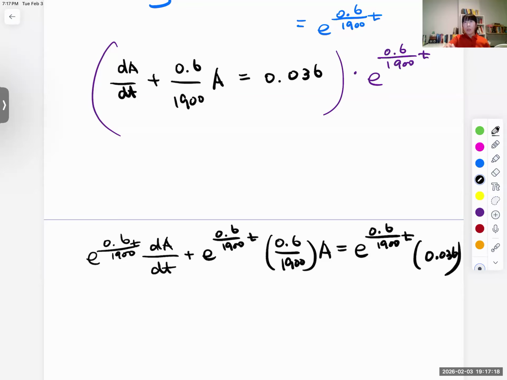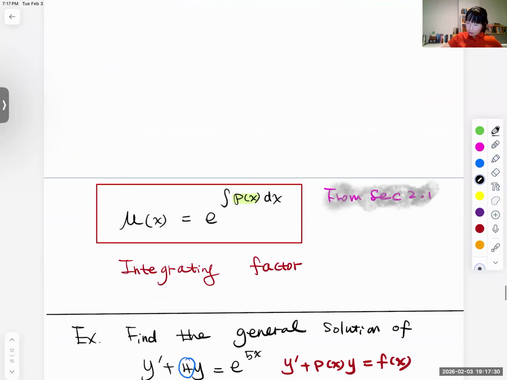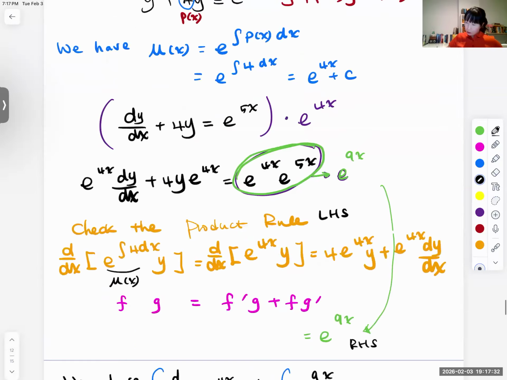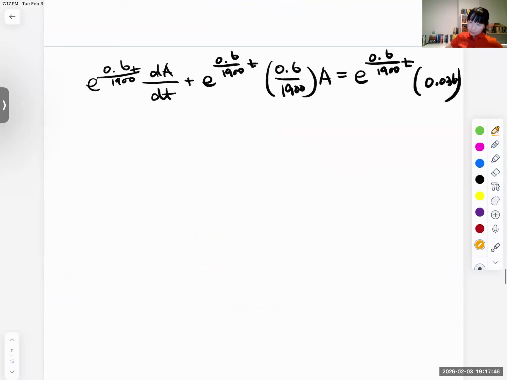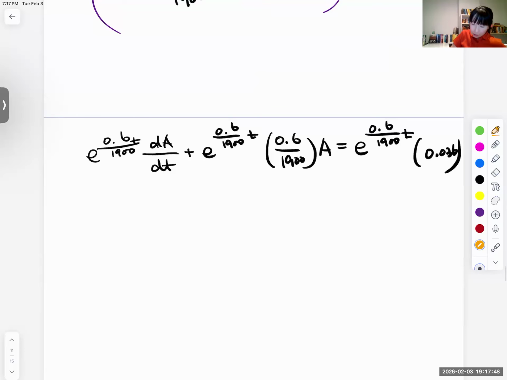Okay, let's check that. Check it out. About the product rule, right? So check like this one. Check the product rule, left-hand side, right? About the mu sub x, y, right? Okay, so let us do here too. Check the product rule.